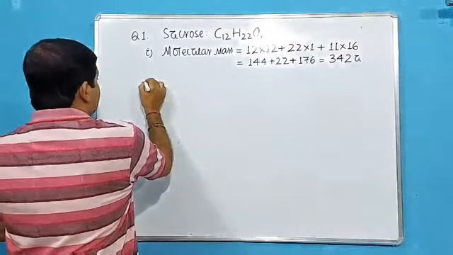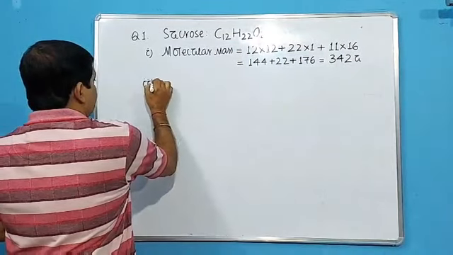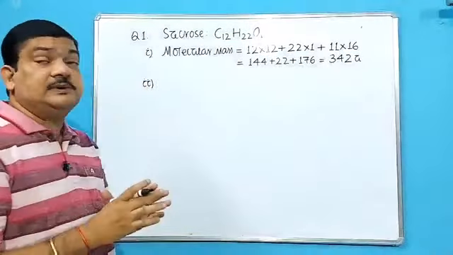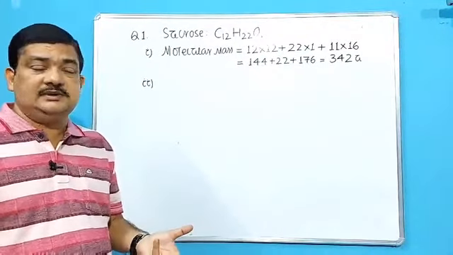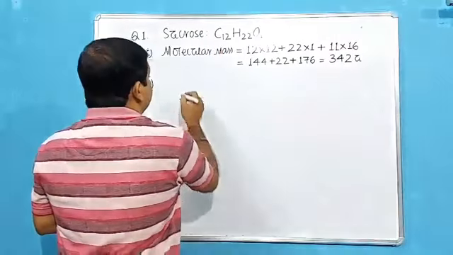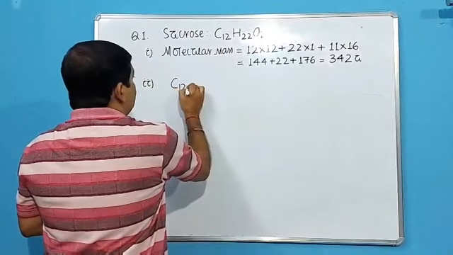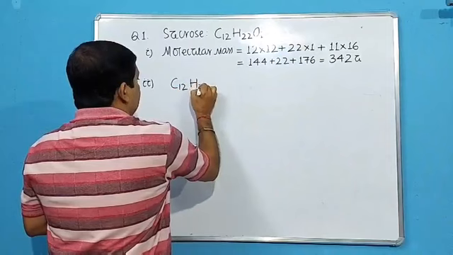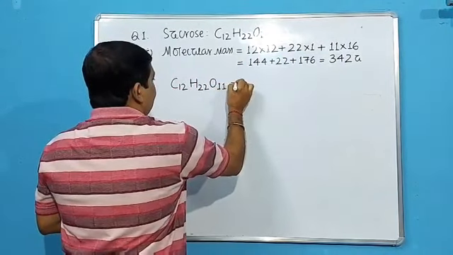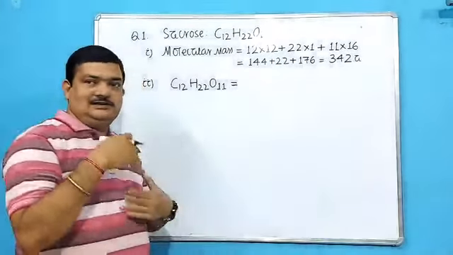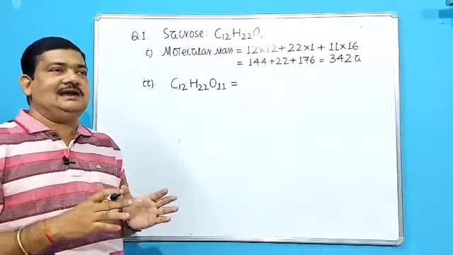Okay. Then the second bit was to find out the number of atoms present in one molecule. Very simple one. Only one molecule has been given. So the molecule is C12H22O11. Most of you thought this is a difficult question and tried it in many ways.